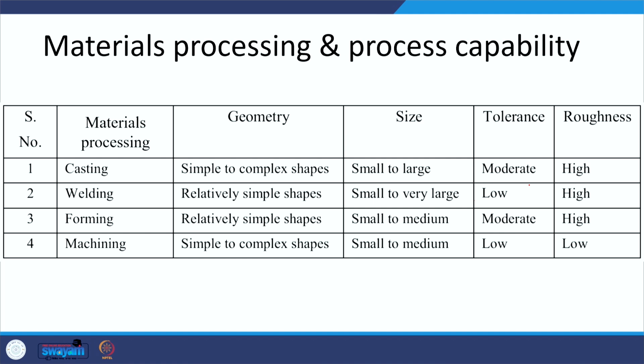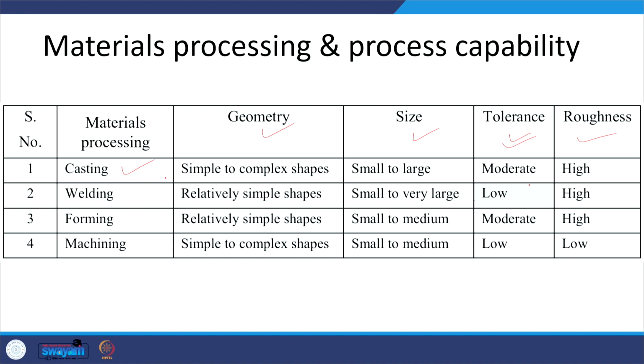So, if we try to compare the processes used for material processing and their capabilities, then the casting, say, is examined in terms of the ability to produce the geometry, whether it is simple or complex, size from few milligrams to few tons, tolerance, the dimensional control possible, and surface roughness that is realized.